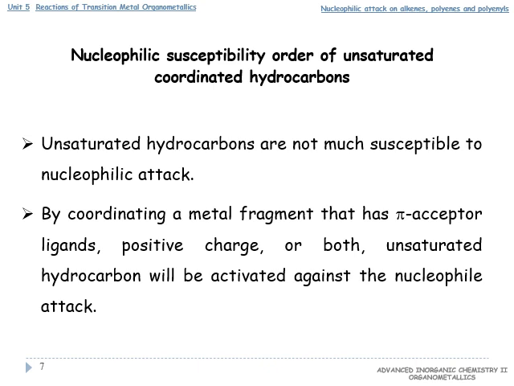So, if we are interested in inhibiting electrophilic attack, we would regard the metal as a protecting group. On the other hand, if we are interested in promoting nucleophilic attack, we would regard the same metal fragment as an activating group.